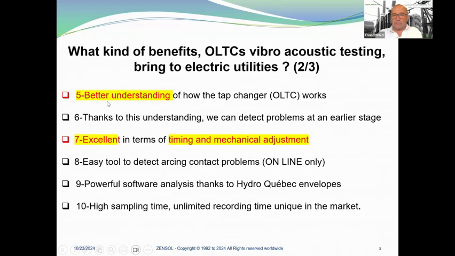This forces us to have a better understanding of how a tap changer works, and thanks to this understanding, we can detect problems at an earlier stage. And it's excellent in terms of timing and mechanical adjustment. It's also an easy tool to detect arcing contact problems, online only.